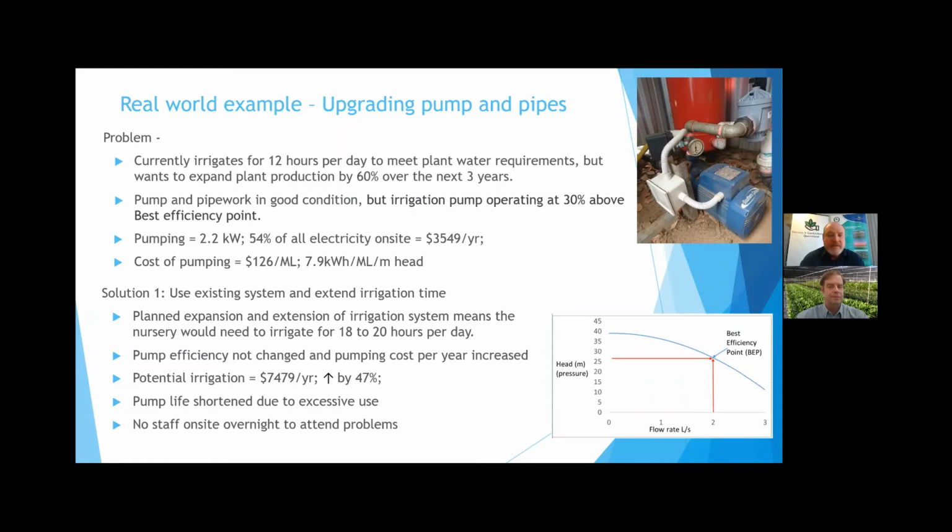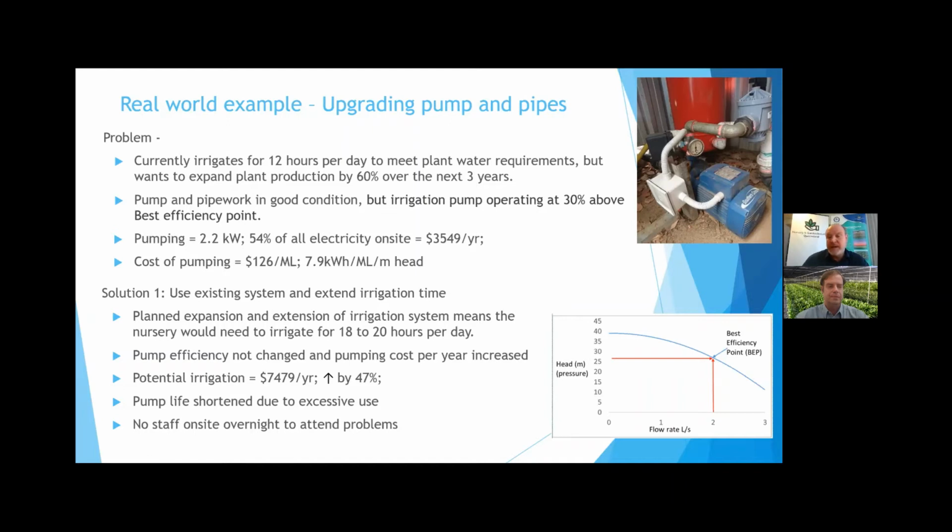However, irrigation ran for 12 hours per day. He could only irrigate one zone at a time, just to meet the plant needs. Now, the first solution, or the initial idea, was simply to use that existing system and just extend it.